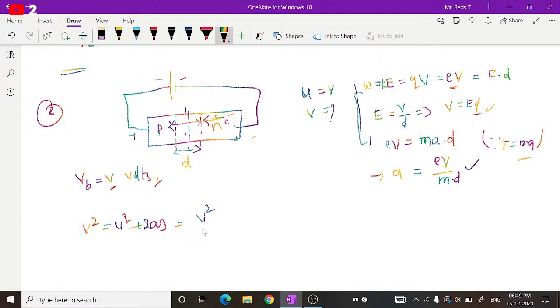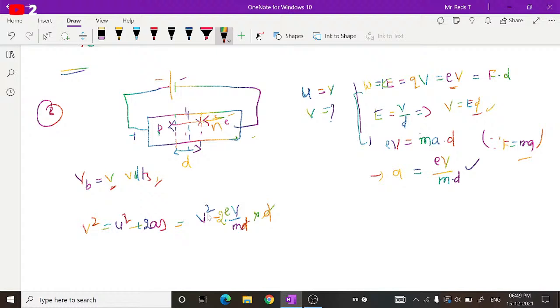The electron experiences a retardation: when crossing the barrier, its velocity decreases, so it undergoes negative acceleration, minus eV/(m d). So the final velocity squared is u squared, which is v squared, minus 2as, where 2 into a is eV/(m d) and s is nothing but d.